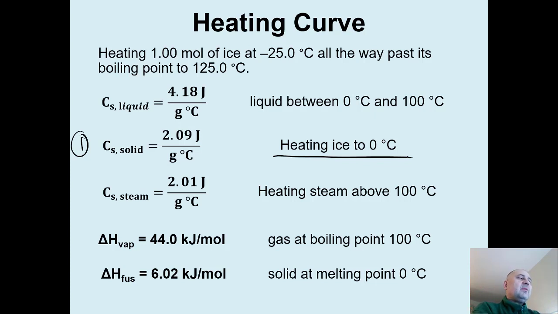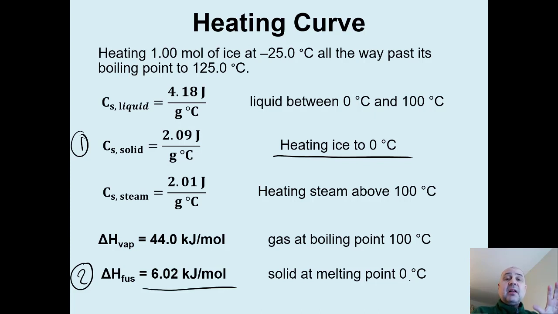And then the second part will be melting. Then of course at 0 degrees you melt, and that would be the heat of fusion. So we will be using this value here, 6.02 kilojoules per mole, for melting at 0 degrees until it's all completely melted.